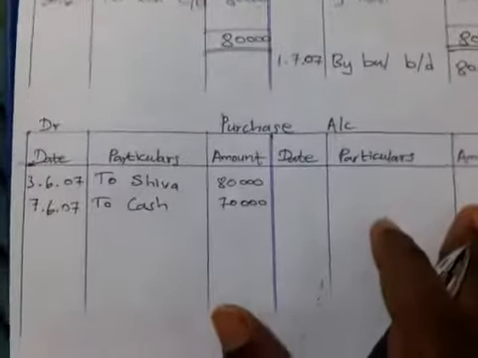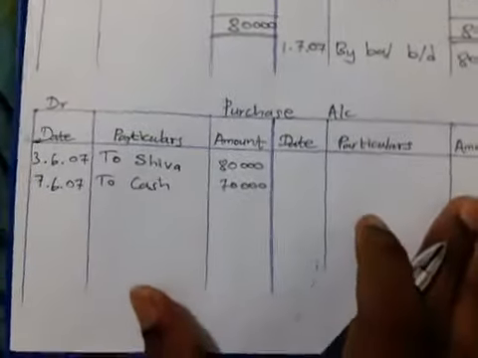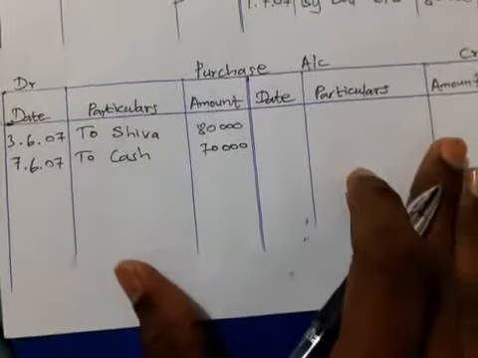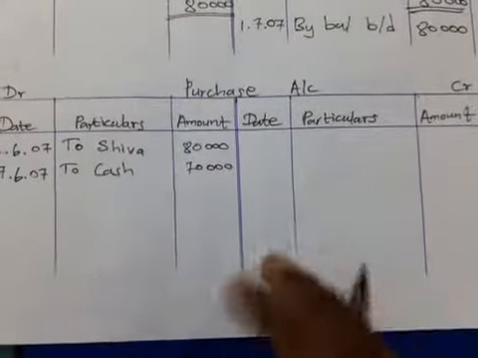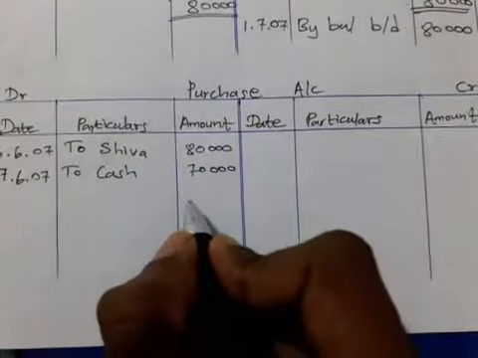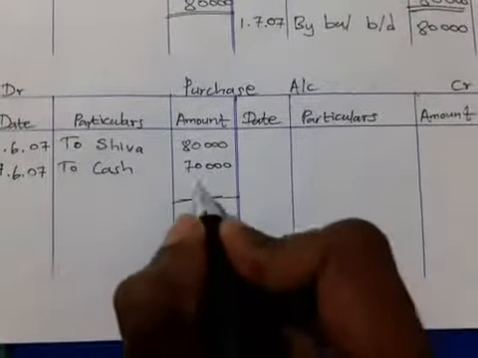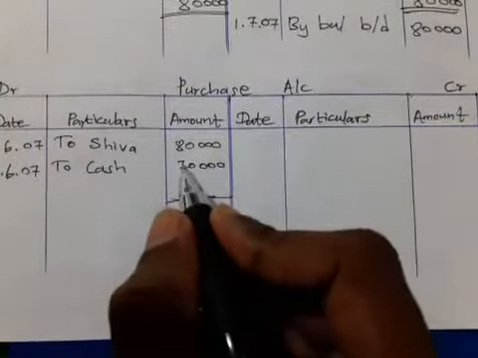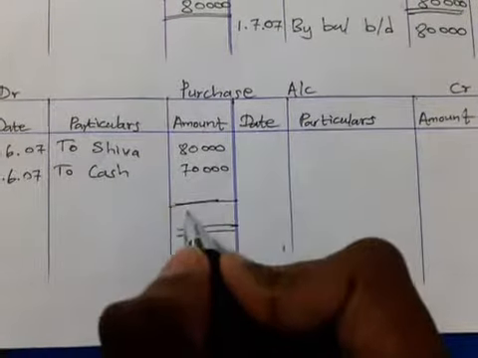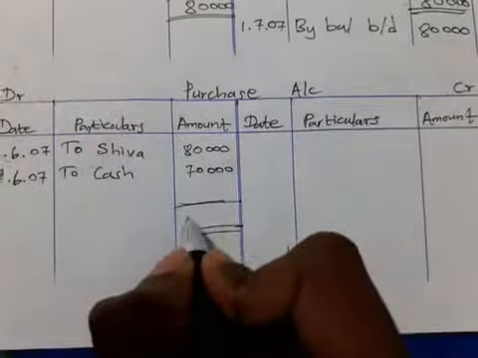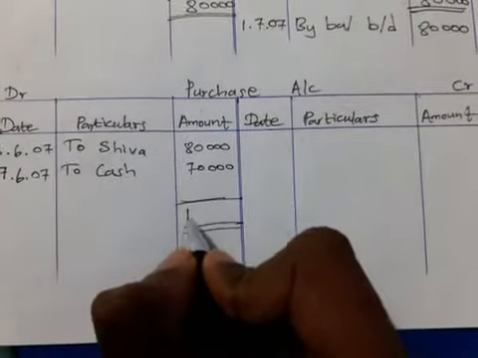In the same way, the purchase account. In the purchase account also, we find the amounts on the debit side only, so we'll calculate 1,50,000.